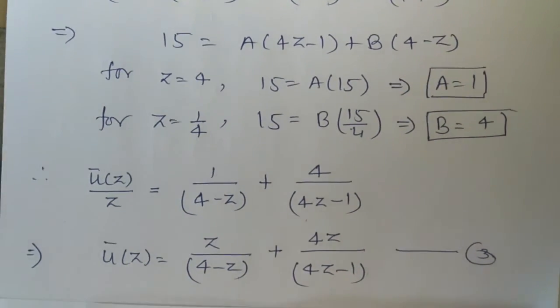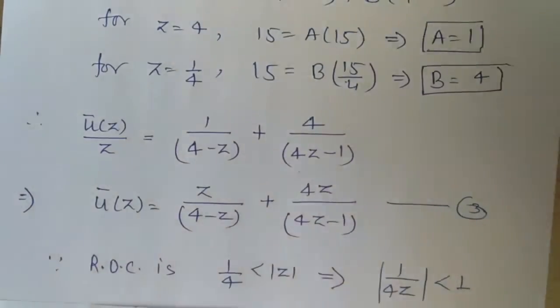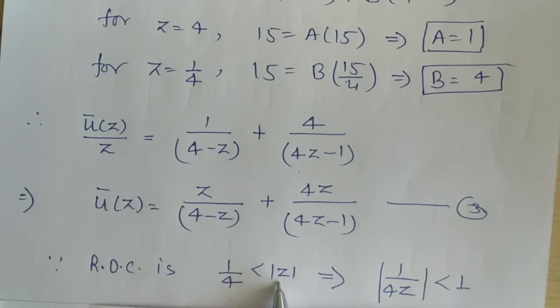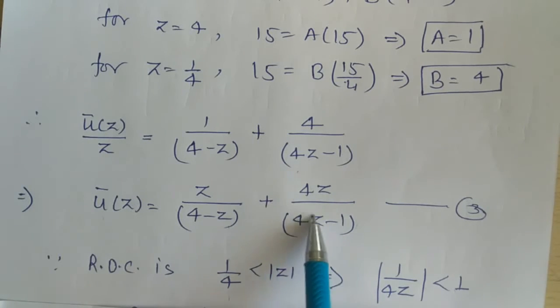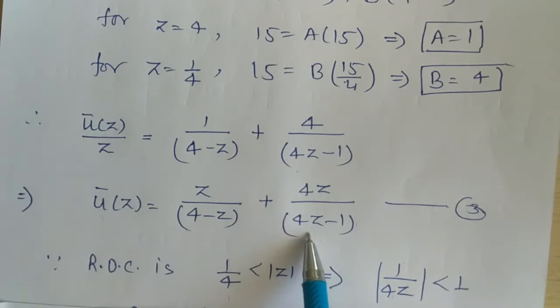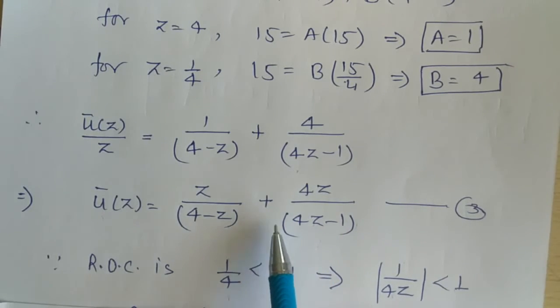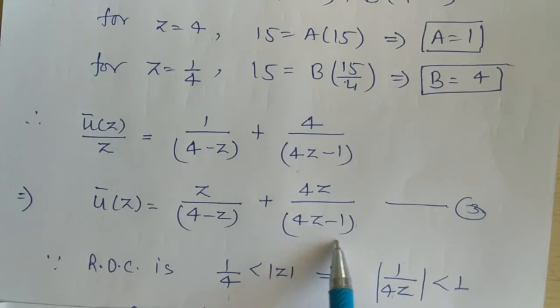Now the region of convergence is 1 upon 4 is less than mod z, which gives mod 1 upon 4z is less than 1. So we have to expand this expression using the binomial theorem in terms of 1 upon 4z, and therefore we take 4z common, then we get 1 minus 1 upon 4z.